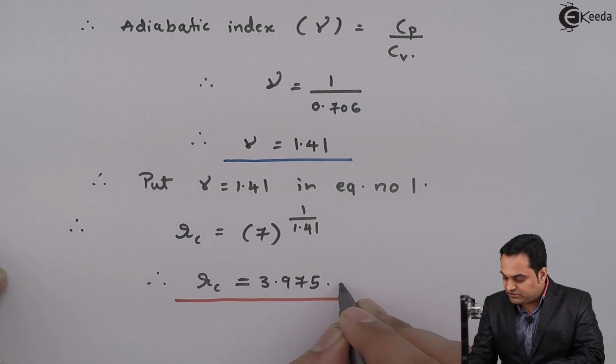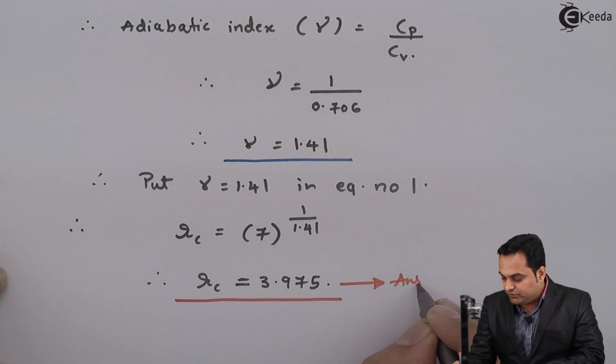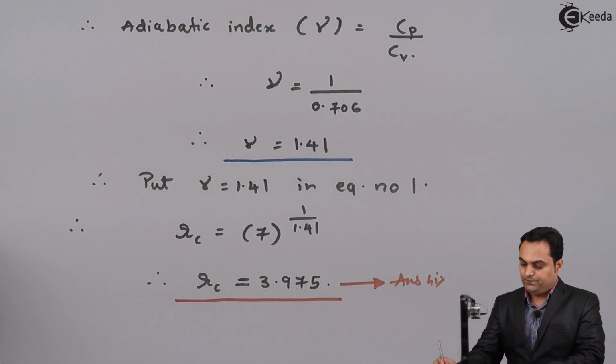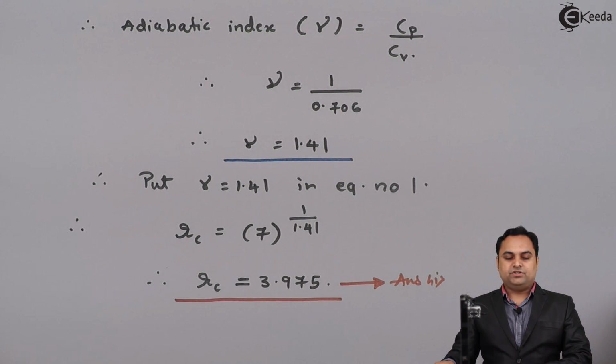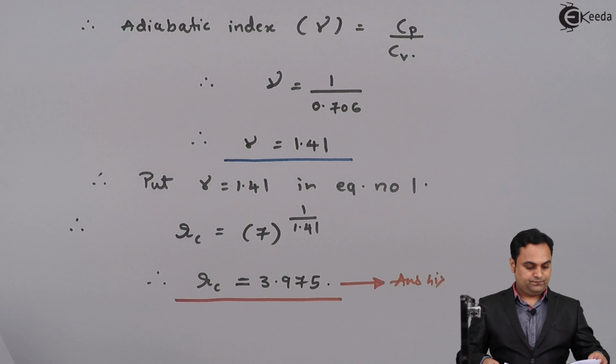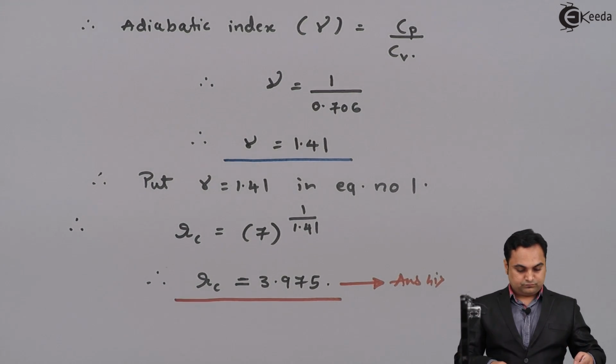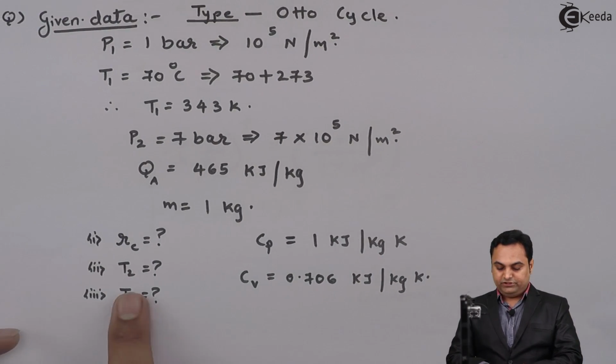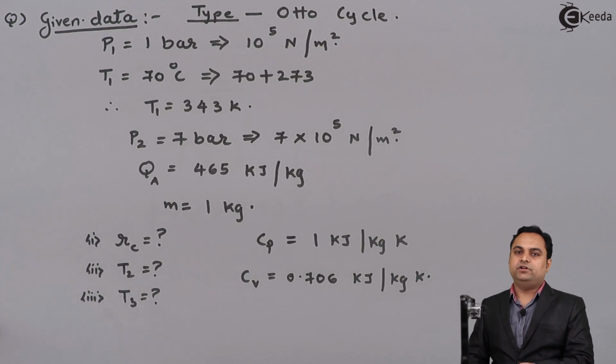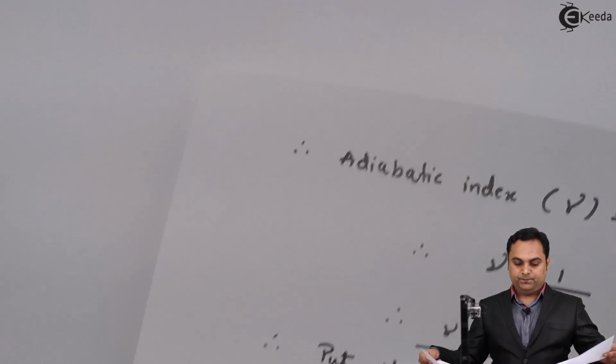So here is the first answer, that is, we have calculated the value of compression ratio. Now after the compression ratio, the next question was to get the value of T2, that is the temperature after compression.